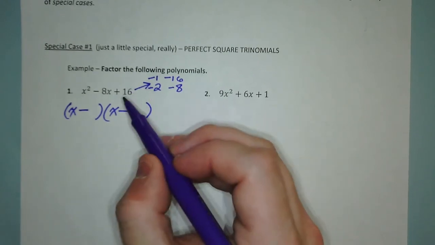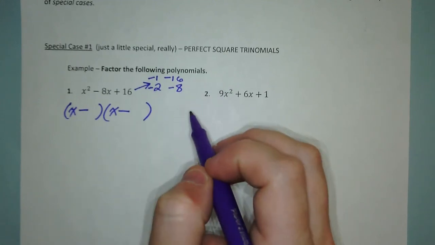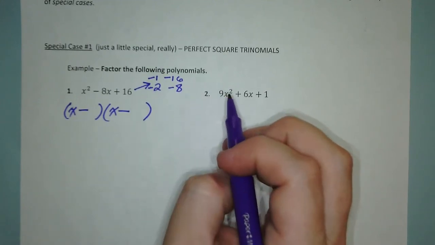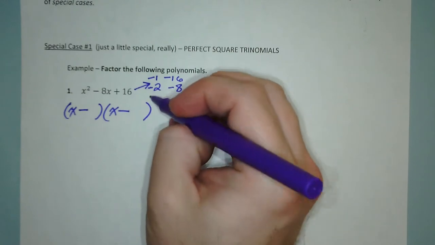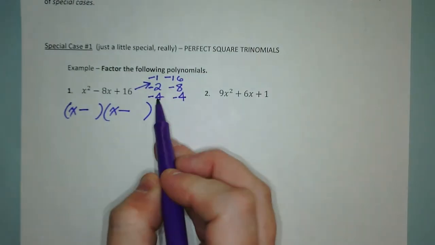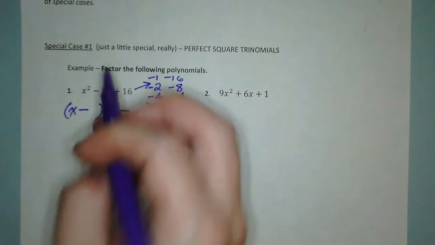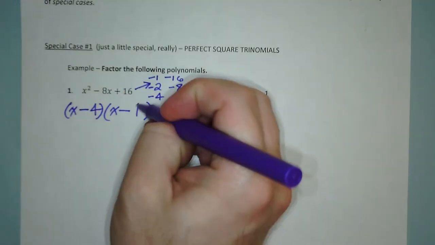How else can we multiply to get a 16? There's one other way. Negative 4 times negative 4. There you go. And check it out. When you add negative 4 and negative 4, you get negative 8. So there we go. We got it.